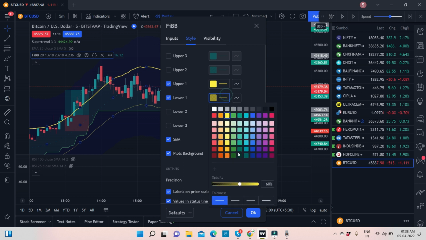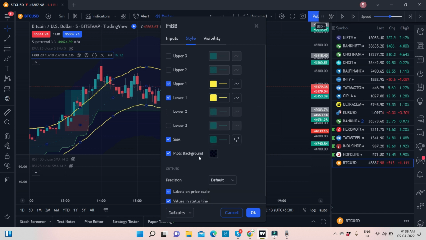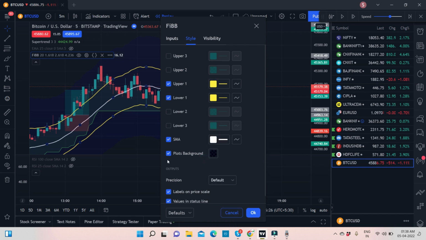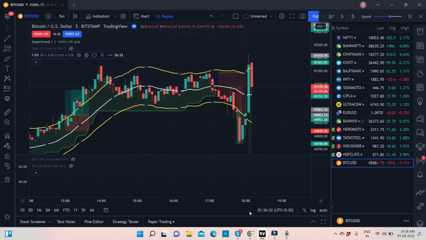You're going to do it from here, right, and okay, done. And make sure that for the SMA, you make the changes to the line and make it white color, a little thick, the same. All right, remove the plots background from here. Okay, this is done. This indicator is ready now to use.